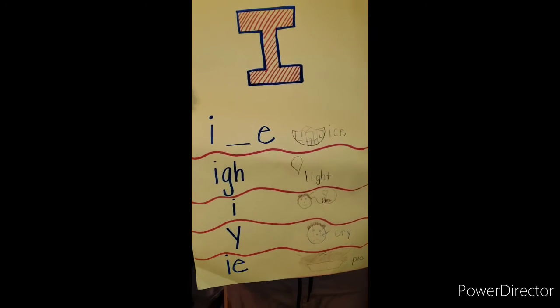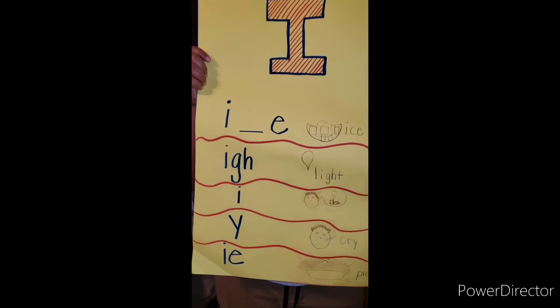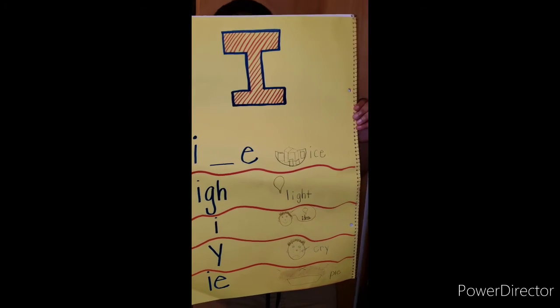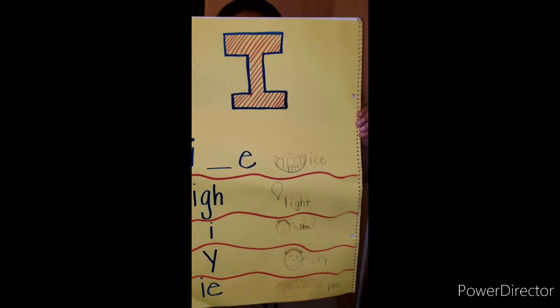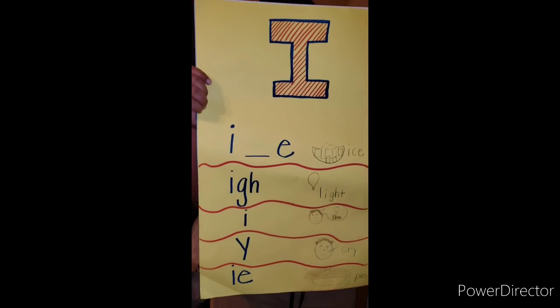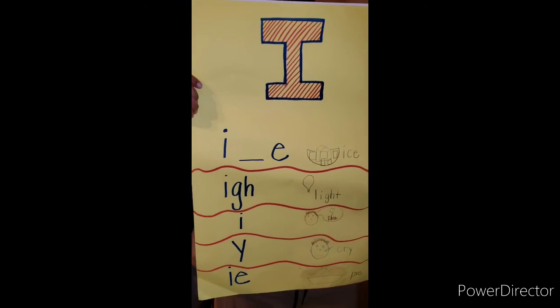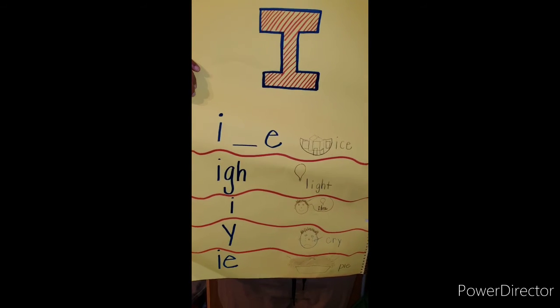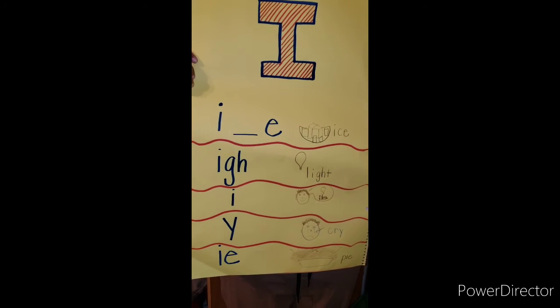So your assignment today is for you to write down the different I words that you could come up with to go along with the I patterns. So you'll make a chart with all 5 of the patterns across the top, and then see if you can come up with or brainstorm some words that will represent each one of those patterns.